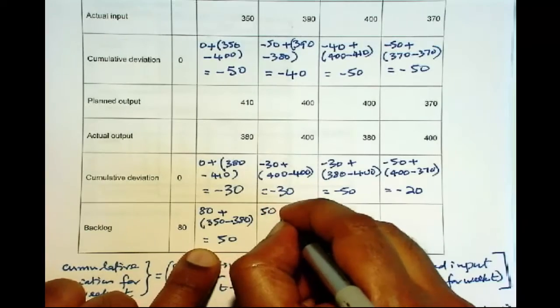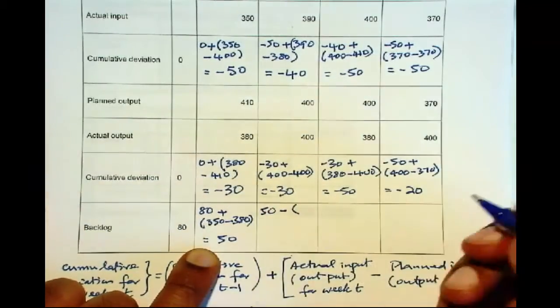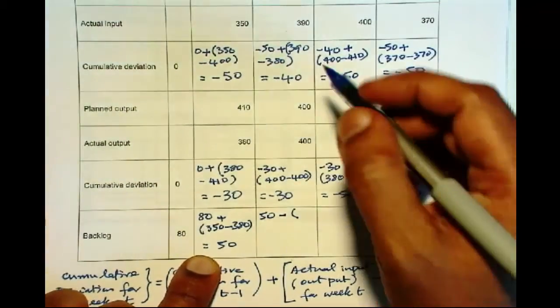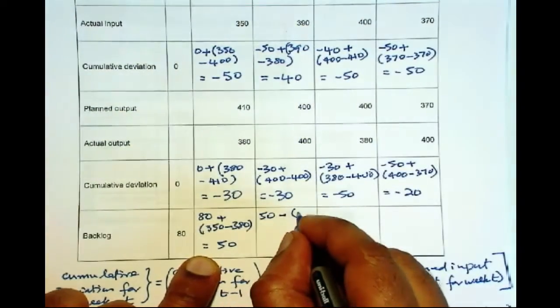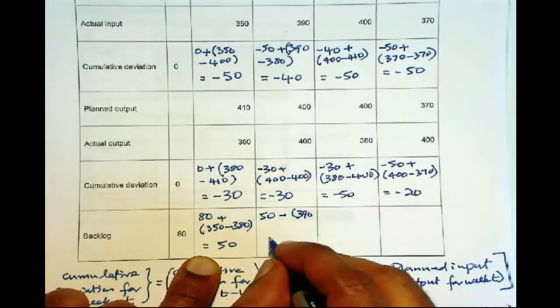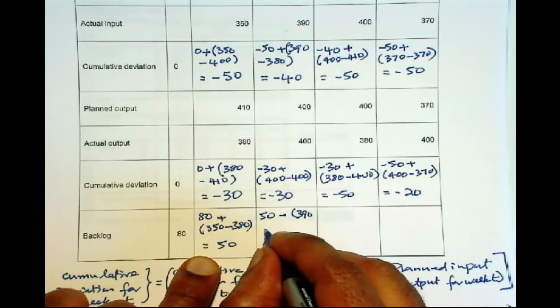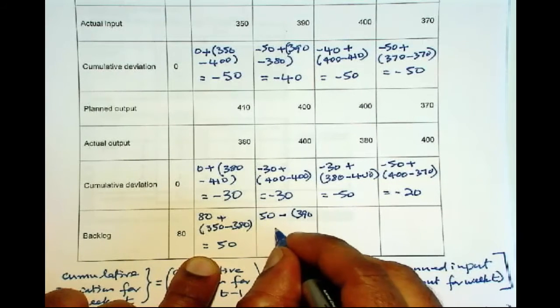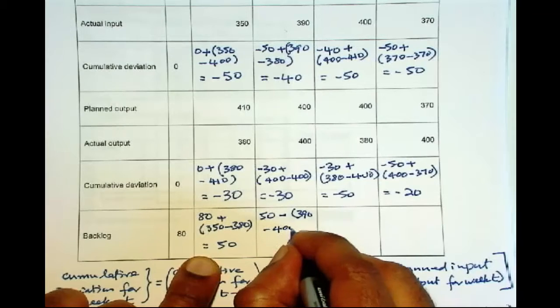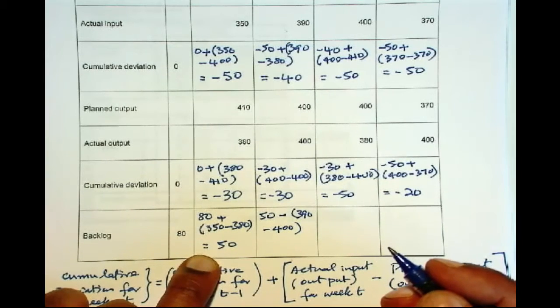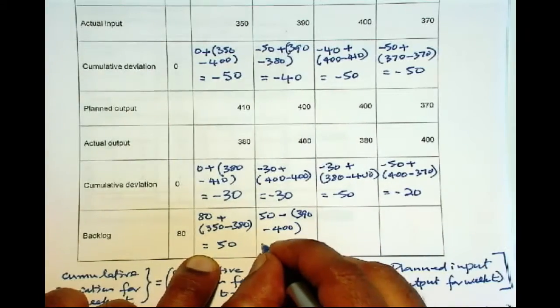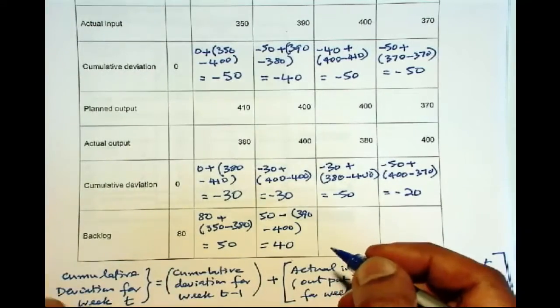Then 50 plus, once again remember the actuals, 390 minus 400 further goes down to 40.